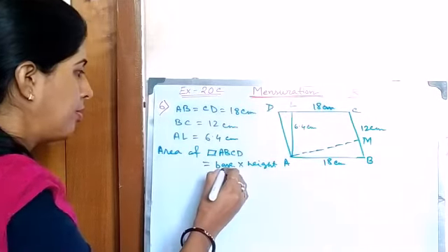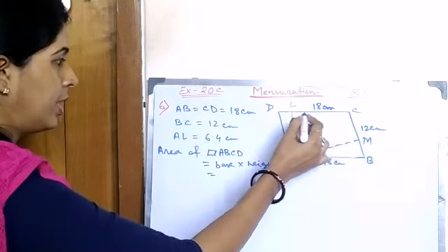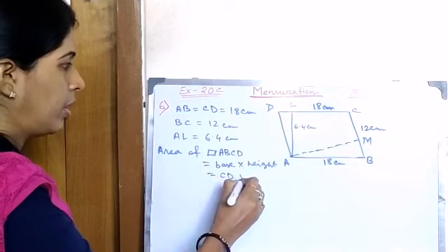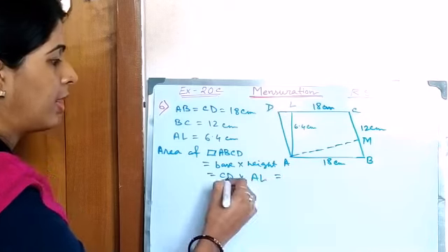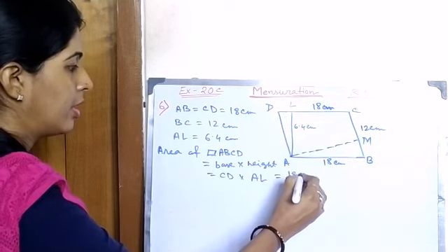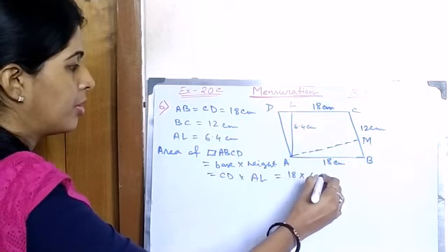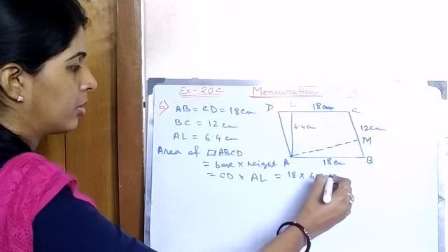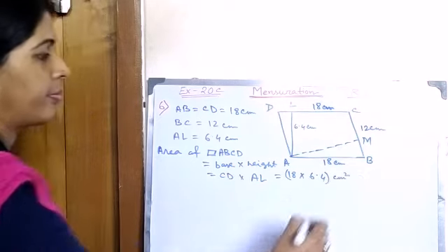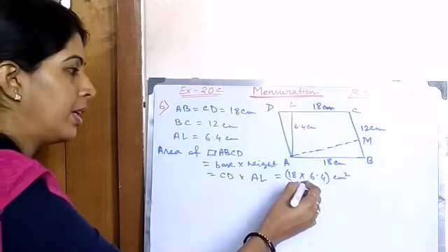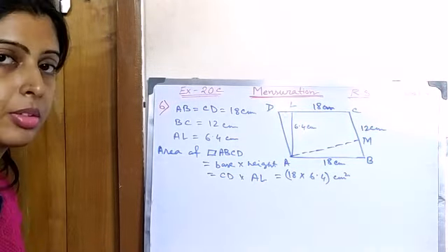So here base is CD into height is AL. Now I am putting the value of CD, that is 18 into 6.4 centimeter square. We can multiply it here or we can leave it here.